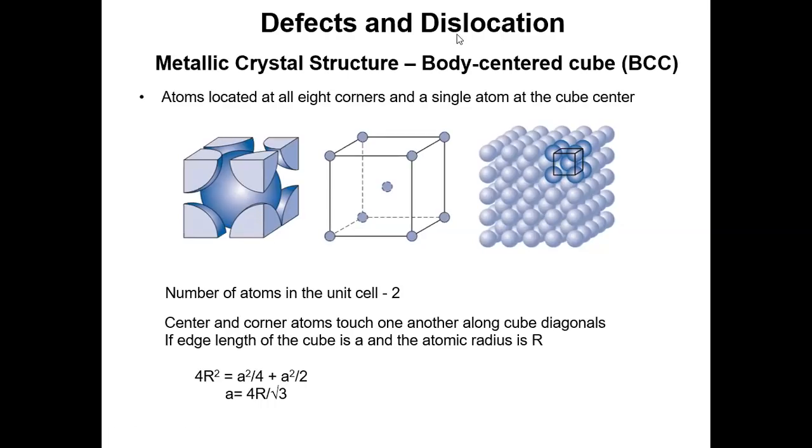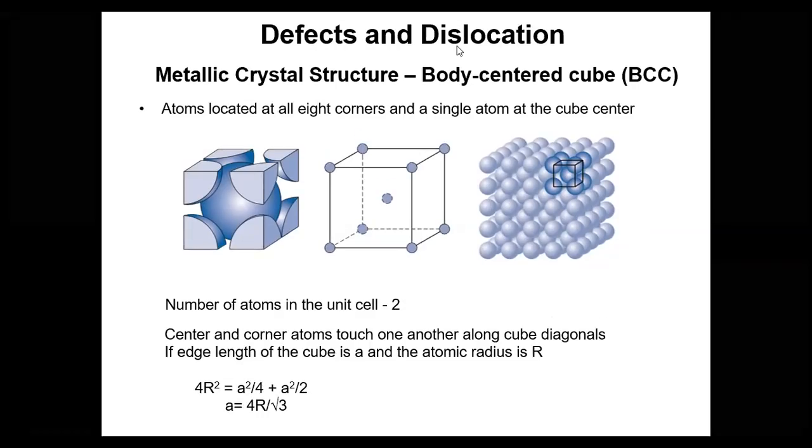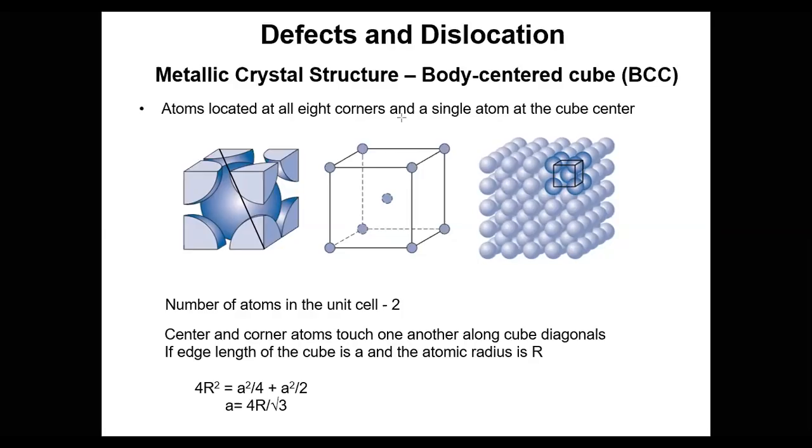If I draw it from this point to this point, they touch each other. So in that case, you have to consider this triangle when you get the relationship.